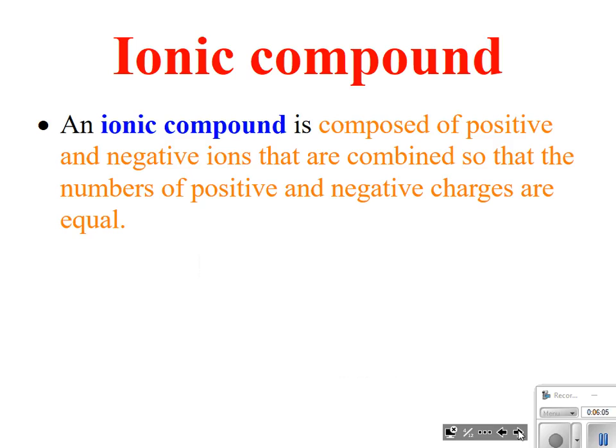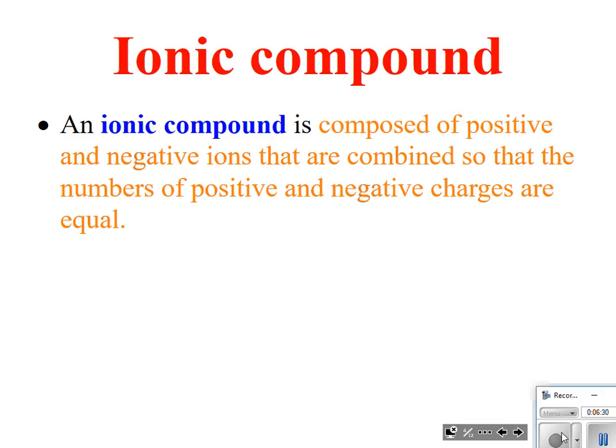So, what is an ionic compound? An ionic compound is composed of positive and negative ions that are combined so that the number of positives is equal to the number of negatives.